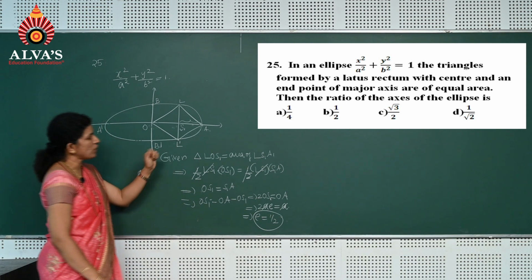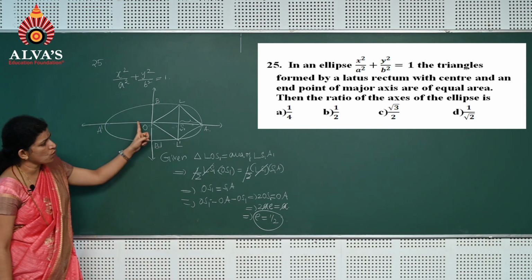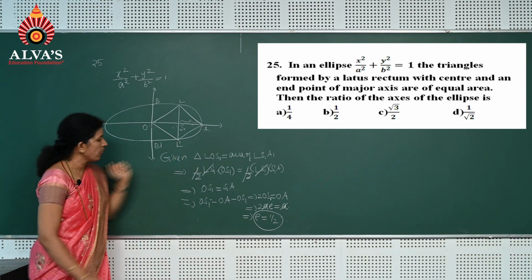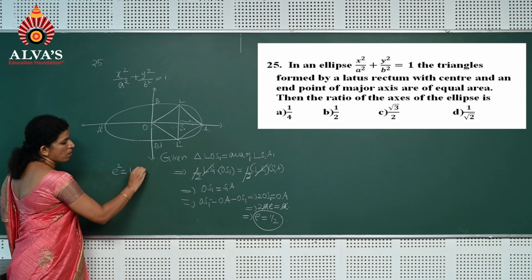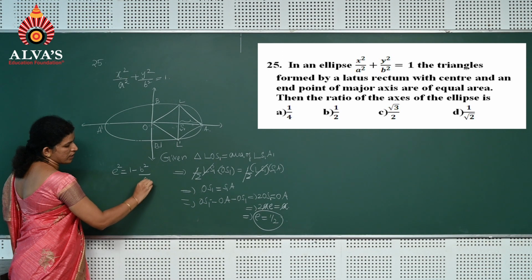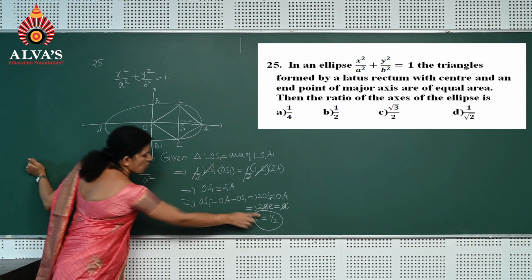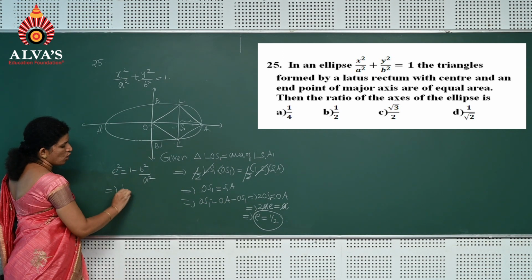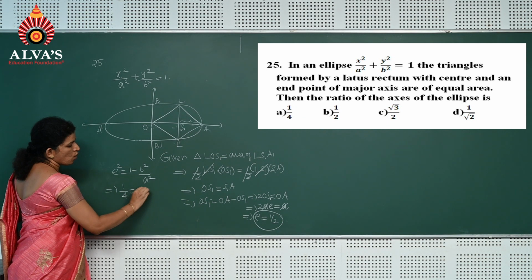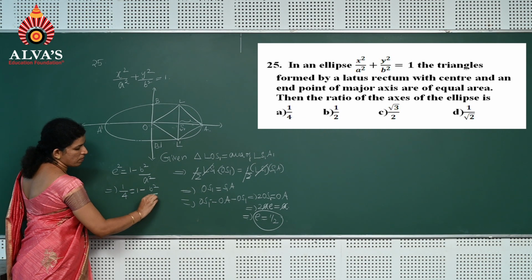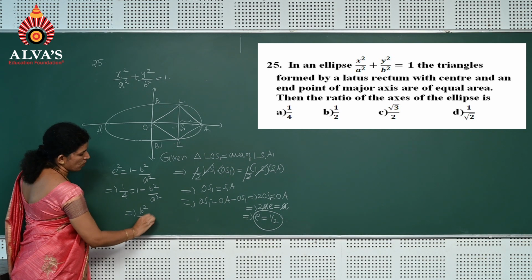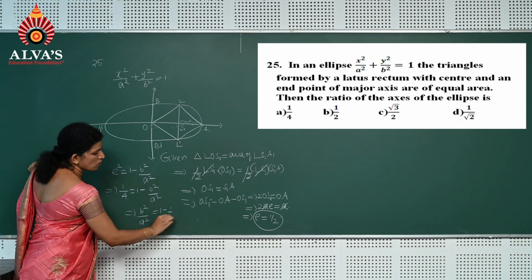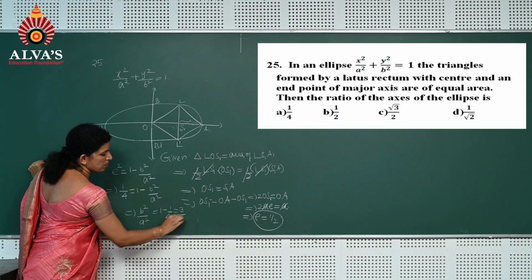Now come to the question. We want the ratio of the axes. We know E square is equal to 1 minus B square by A square. E is 1/2, so 1/4 equals 1 minus B square by A square, that is B square by A square equals 1 minus 1/4, that is 3/4.